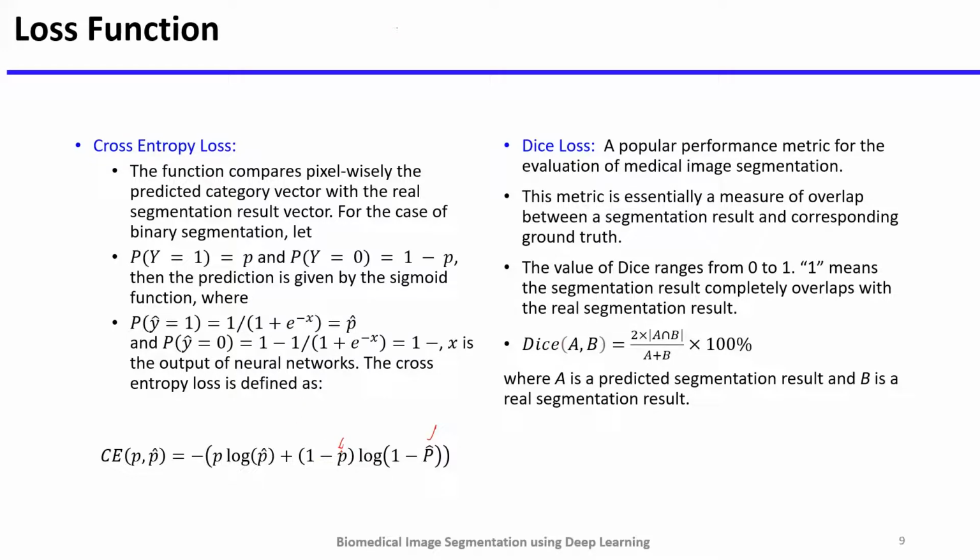So p is given, p cap we are computing, and then accordingly cross entropy we define. So the error function is ready. This is the most famous, even for encoder-decoder architecture. This is for binary class, and then in the same way we can extend this for multi-class also.